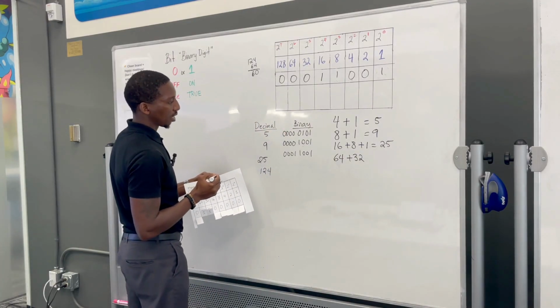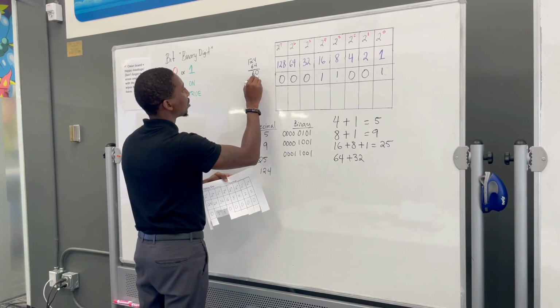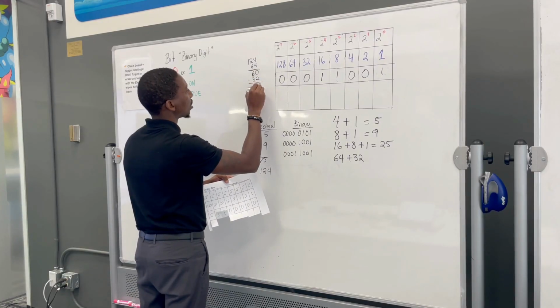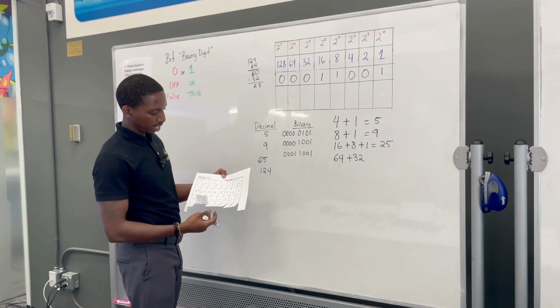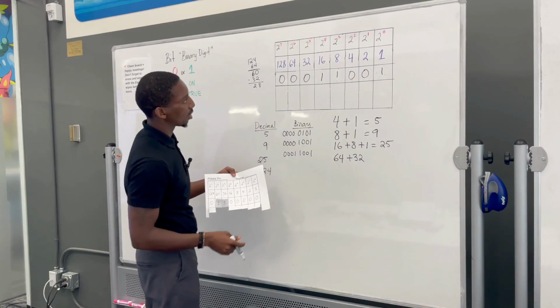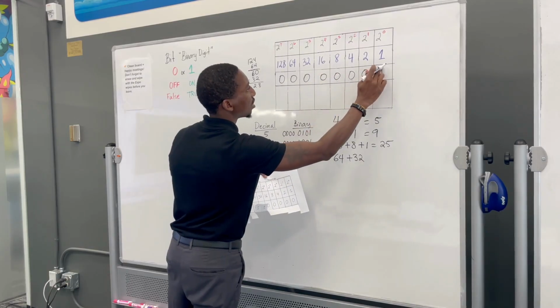Okay, so now we subtract 32. That will give you 28 left. Well, the next number will be what? 16. Actually, I forgot to reset all of these.